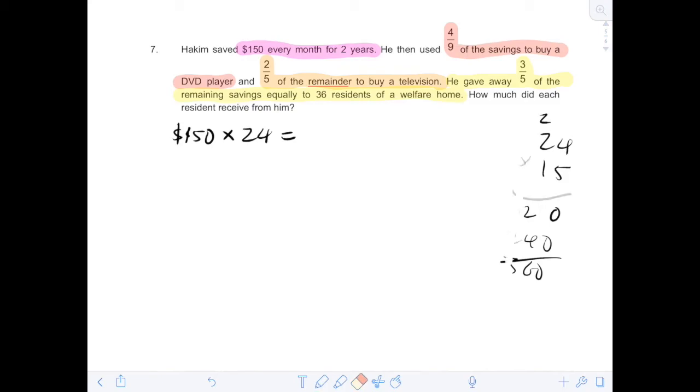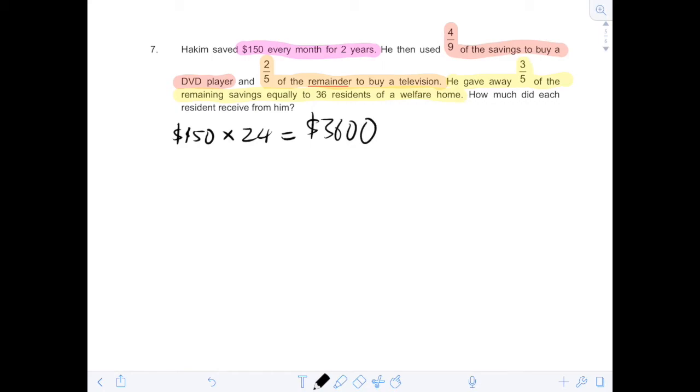Okay, very good. So I'm going to erase this. This is 360. Remember, for money, a dollar sign has to always be there. Sorry, this is 3,600. This will be the total. So now we know the total here is actually 3,600.